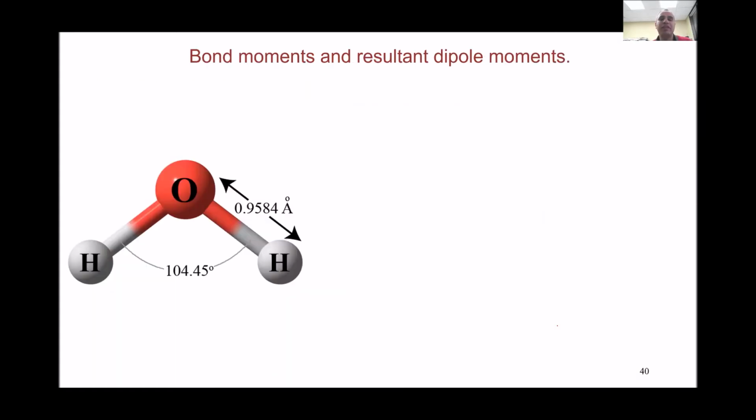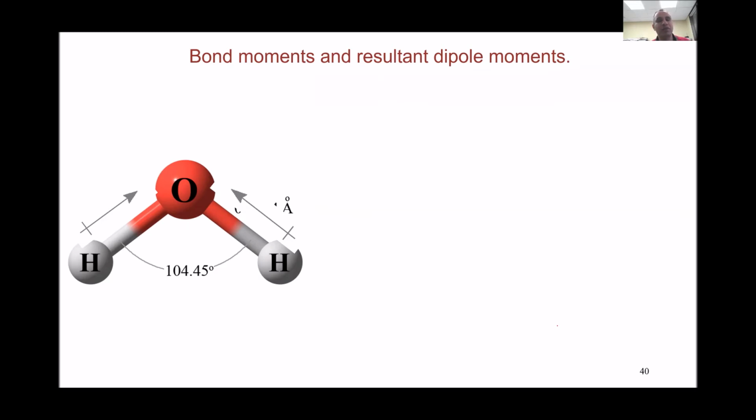If you have a non-symmetrical shape, the situation is going to be different. For example, in water, you will have a dipole moment running from the hydrogen to the oxygen, another dipole moment with an equal magnitude running along the second hydrogen-oxygen bond. However, those are not exactly opposite with respect to each other, so they will not completely cancel each other.